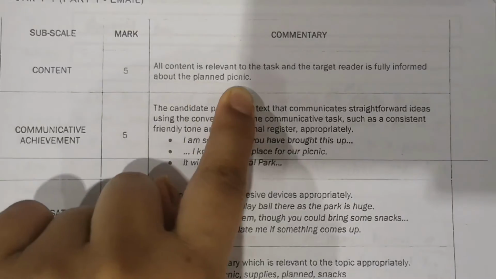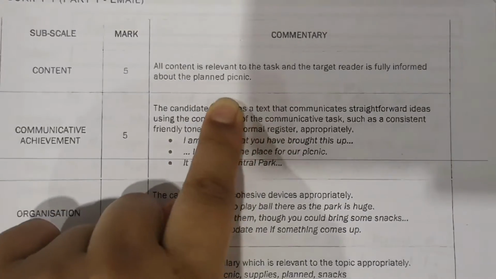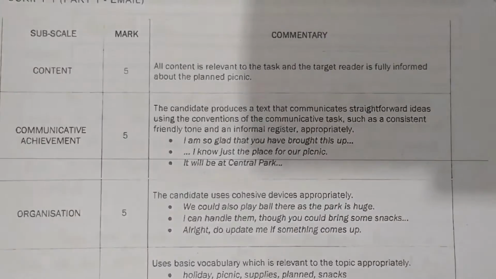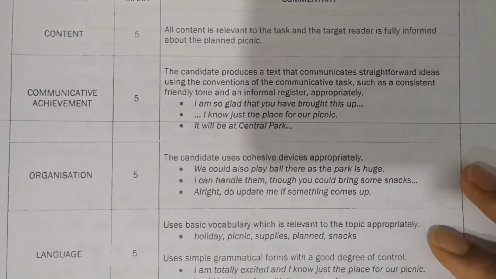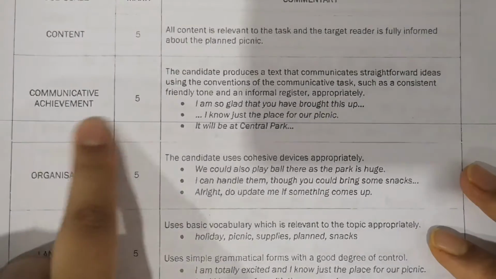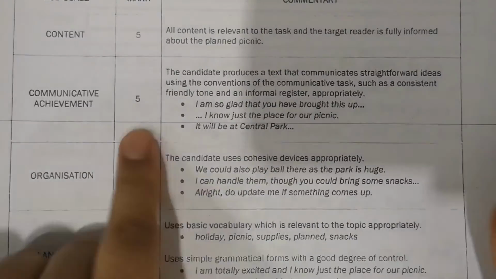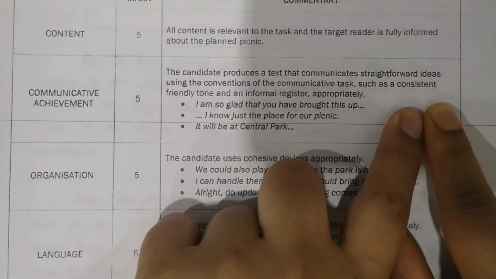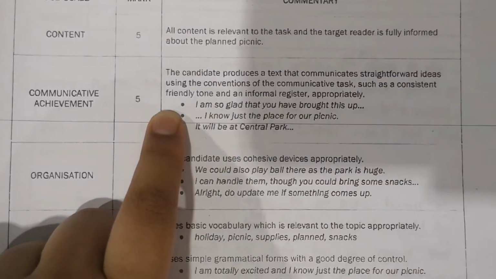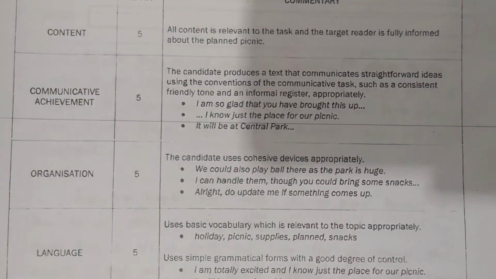Okay, you are well informed of the planned picnic. And the second one is communicative achievement. Communicative achievement means you will be rewarded based on your idea. Okay, straightforward ideas. Your ideas are not rubbish, and you can give good ideas.